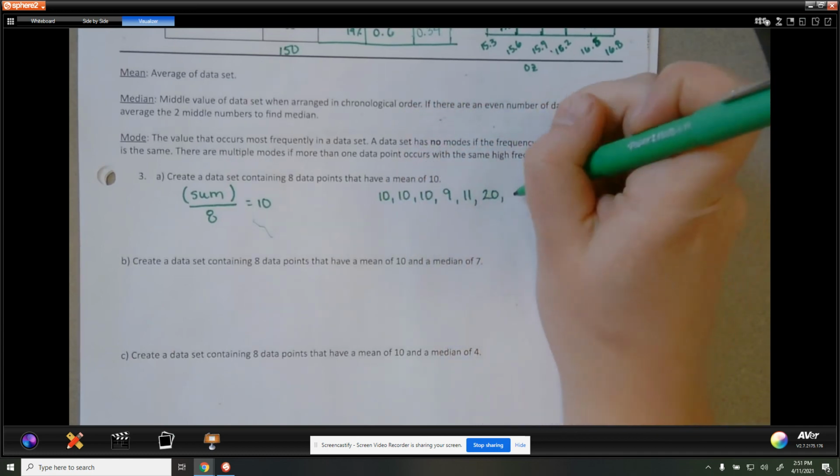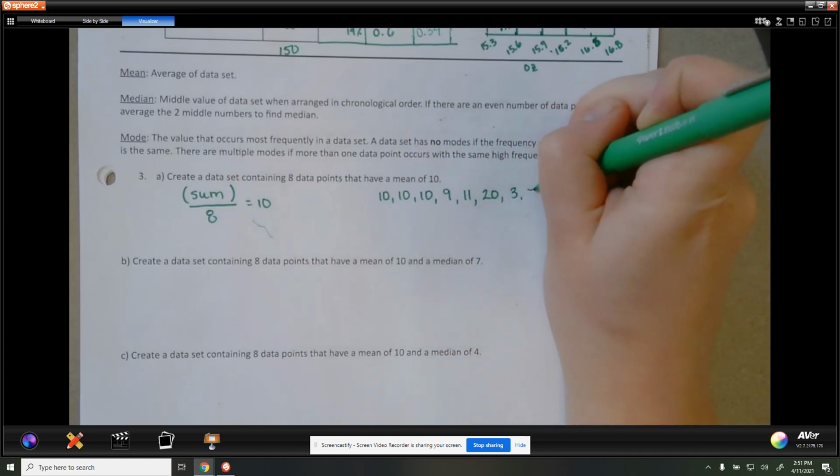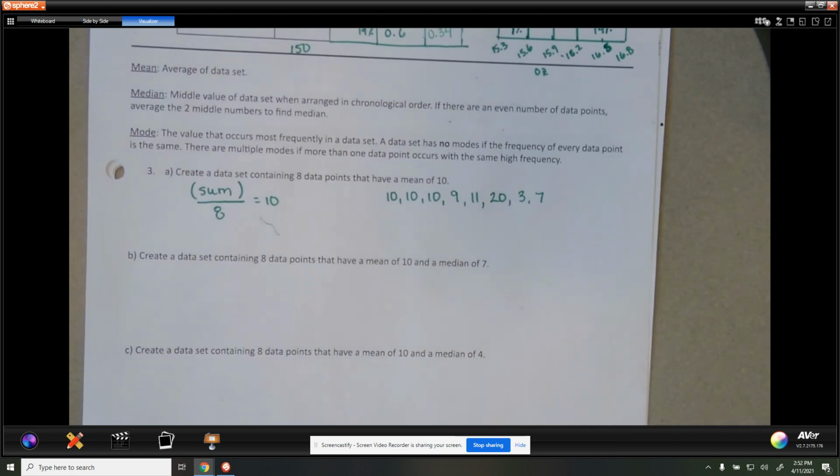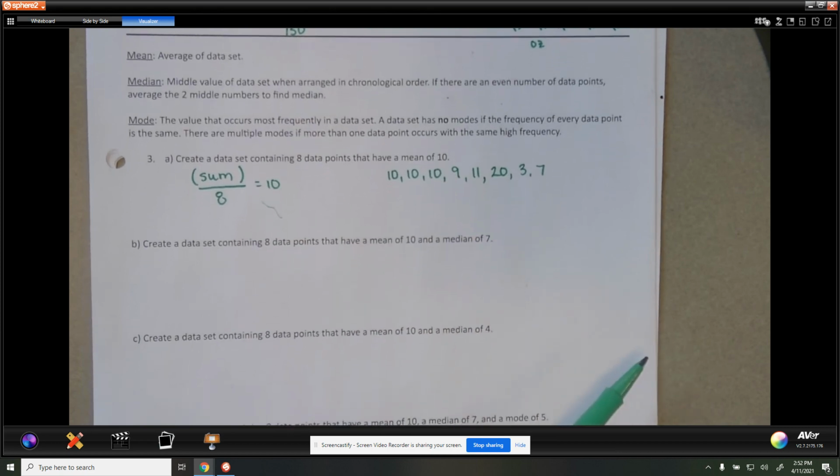All right, cool. And then let's say I've got 3 and 7. All right, so kind of random, but if I add all these up, it's going to be 80. So 10 plus 10 plus 10 plus 9 plus 11 plus 20 plus 3 plus 7. That's 80 divided by 8 for the 8 data points is equal to our mean of 10. So however way you want to do this, there's lots of different ways we could do that. But there you go.